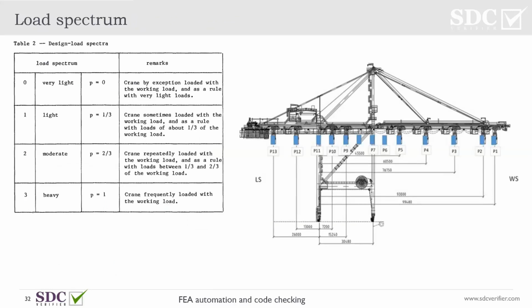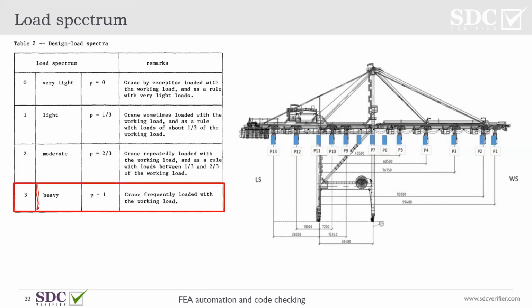So another thing about the load spectrum itself is that, okay, if we have a crane, in old times, there was an assumption that we need to come up with a certain design load spectrum class. Yeah, so this is an example taken from a standard, for example, but the idea in FEM is the same. So originally at the design stage, we make an assumption how much my crane is loaded most of the time.